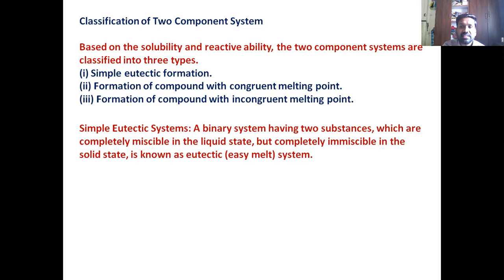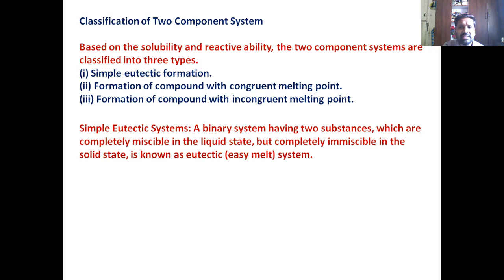So eutectic systems are those which form an alloy which can be melted easily, basically. So what do we mean by melted easily? Let's not understand this in the context of the phase diagram too much. Simply, we'll just understand it like that.